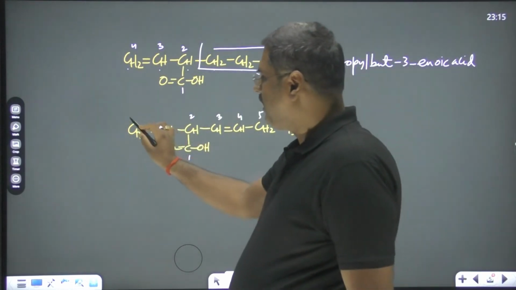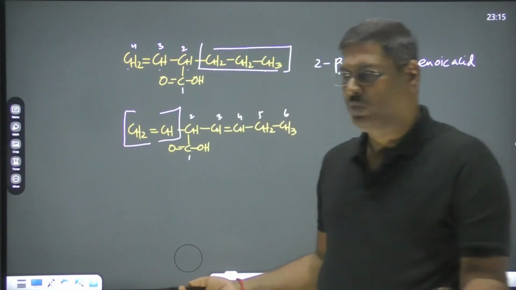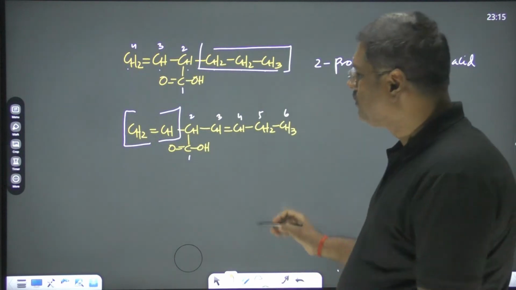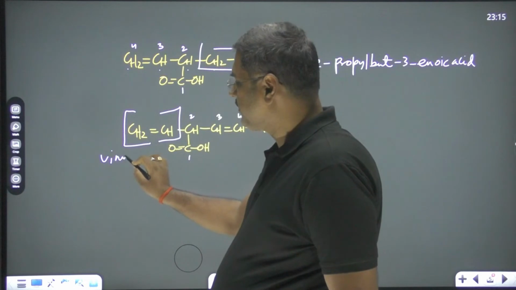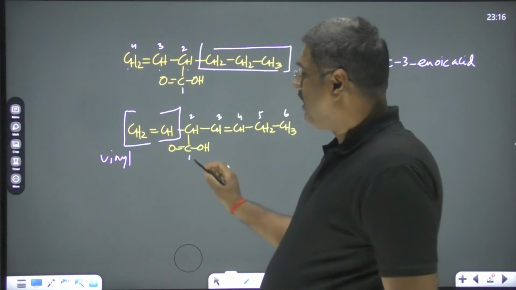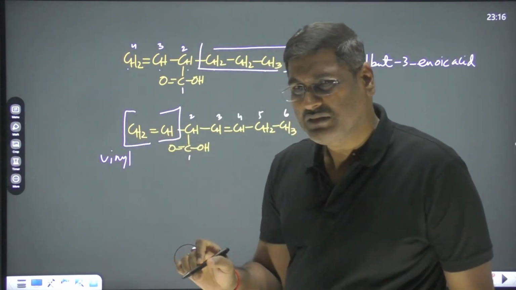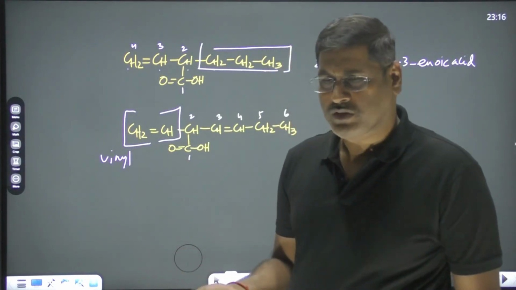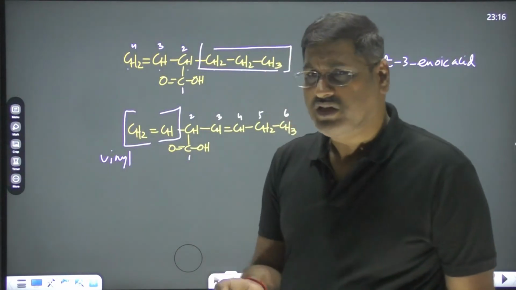Now we are not able to include this into the parent chain. We can't. So this will be treated as a substituent, and this substituent is called vinyl, a well accepted name for this one. Although systematically you can say ethenyl, vinyl is also well accepted in IUPAC nomenclature, so mainly vinyl is used, although the systematic nomenclature is ethenyl.